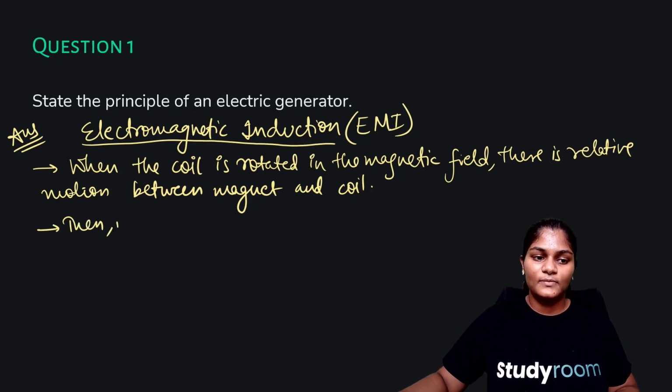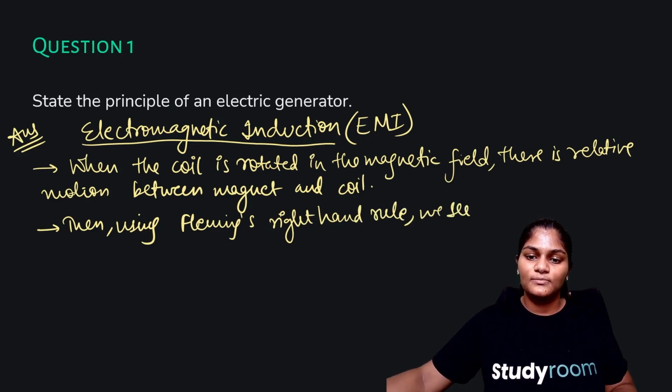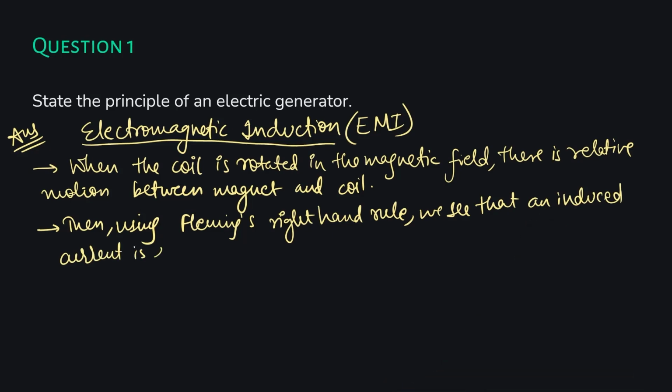Then, using Fleming's right hand rule, we see that an induced current is set up in the coil, which is due to the induced voltage.